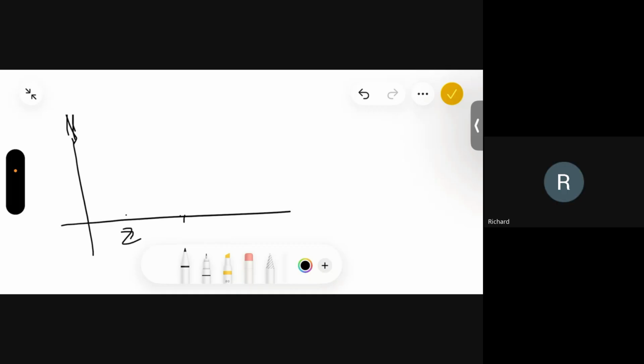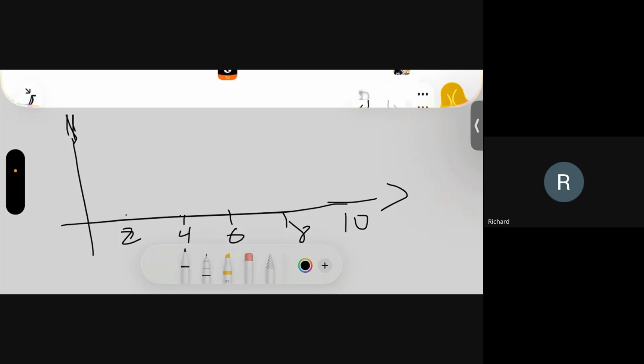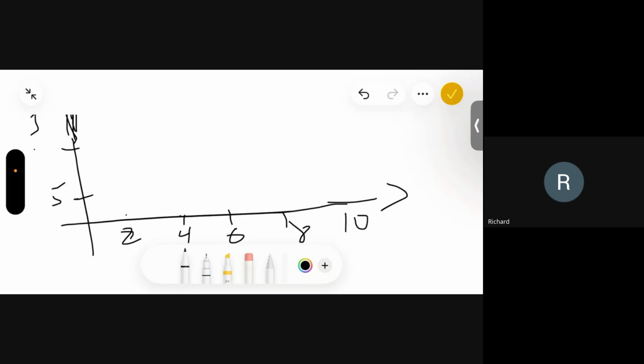Let me just label my axes: 6, 8, 10, that's my X. And then my Y, let me write 5, 10, 15. So my P is 1, 2. Let me say 1 is here and then 2 is here. So 1, 2 is here. This is my P.